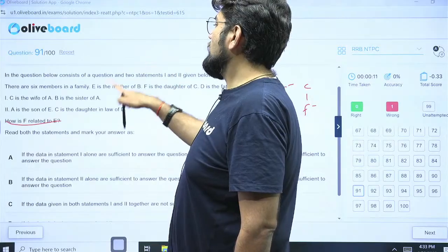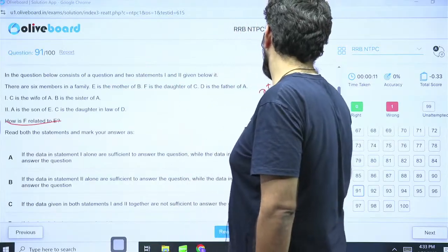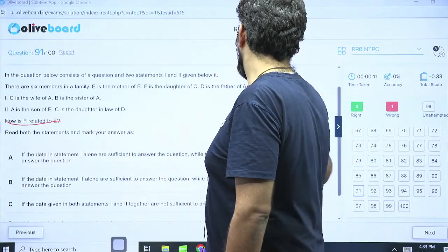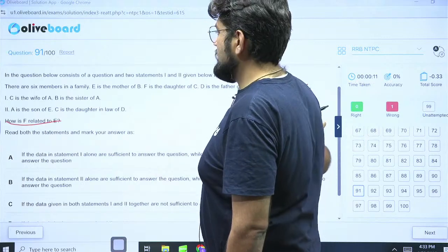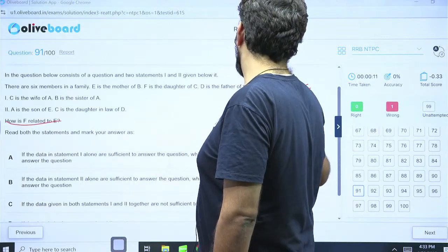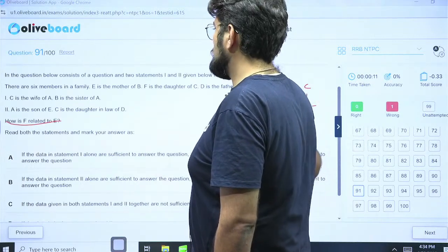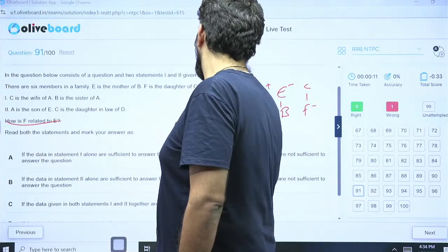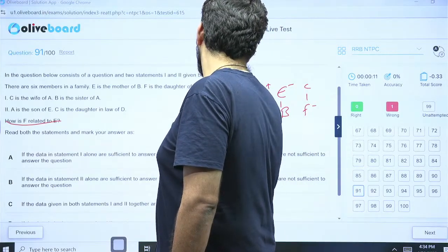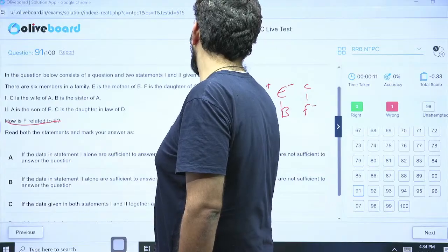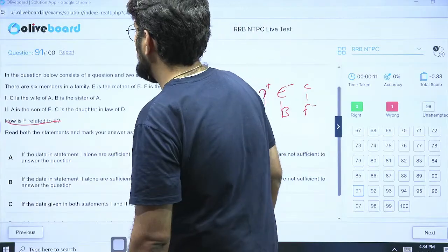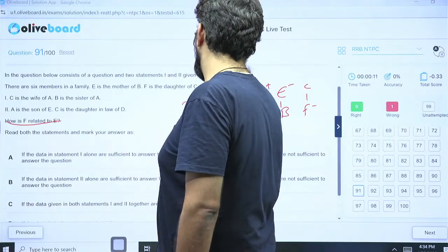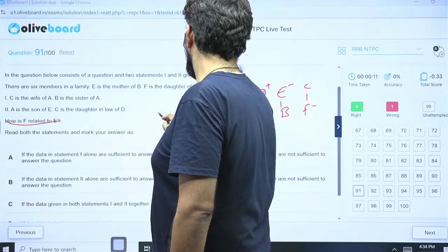Okay. So statement 1 alone is C is the wife of A. C has to be the wife of A. So we have D, A, C, F related, and B is the sister of A. So can we find the relationship between E and F? Yes, we can do that. So A is the husband, C is the wife, F is the daughter here, D is the father here, and B is the sister of A. So E is the mother.